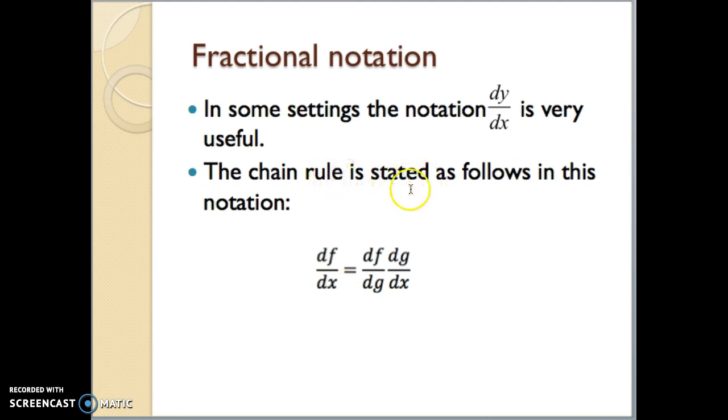And the way that you think of the chain rule is that there's an intermediate, so you're chaining it through another function. So we would have that df dx, the change of f with respect to x, is equal to the change of f with respect to g times the change of g with respect to x.